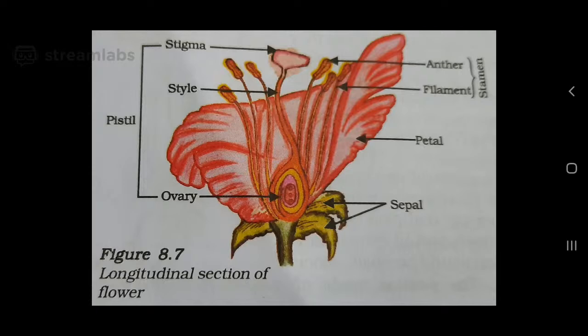Okay, I said flowers are very essential to bring up sexual reproduction. Now, how does sexual reproduction bring variations?